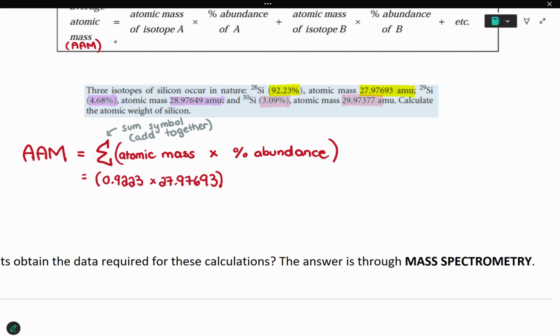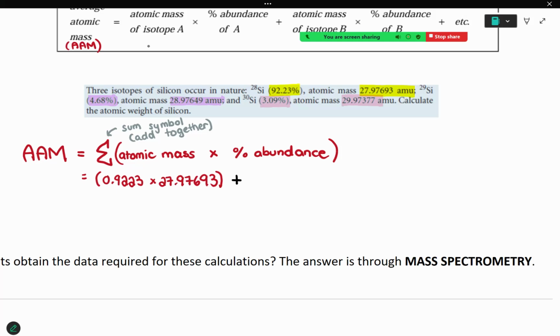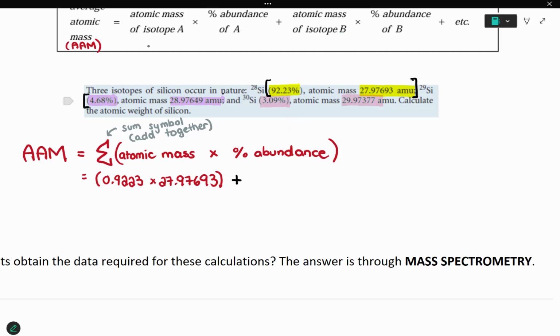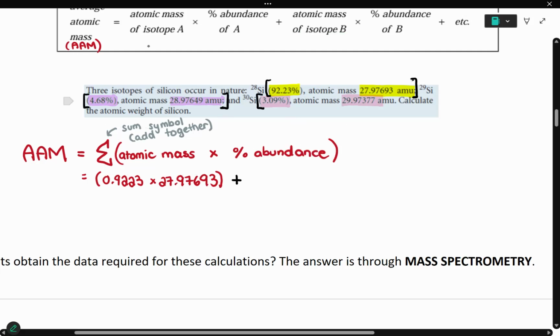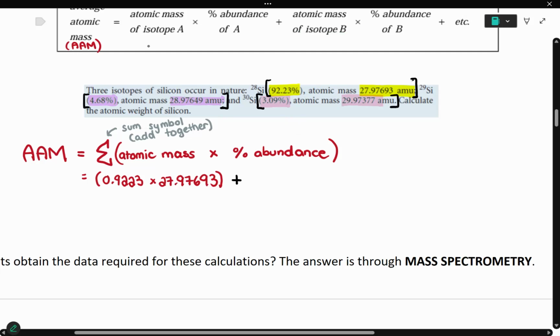But the thing that I noticed a lot of people doing last year is that whole chunk is added to the other things multiplied together. So you almost think about it as if there are brackets between the three different isotopes.